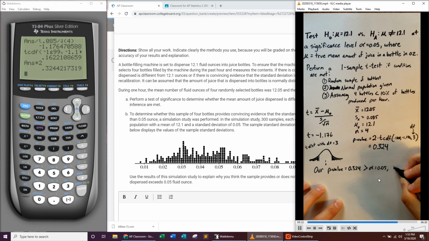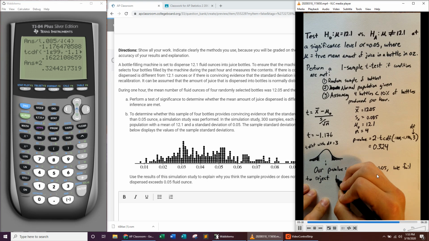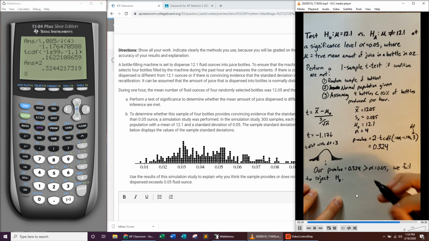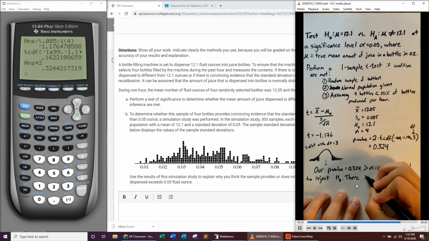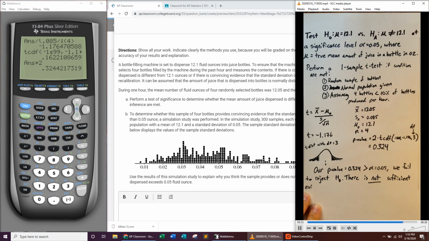That's really high. So our p-value being 32.4% is greater than our significance level of 5%. So that means we fail to reject the null hypothesis, meaning there is not significant evidence that the machine is working incorrectly.